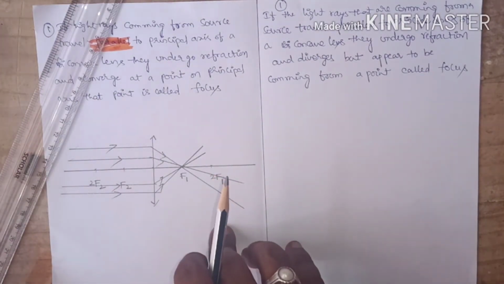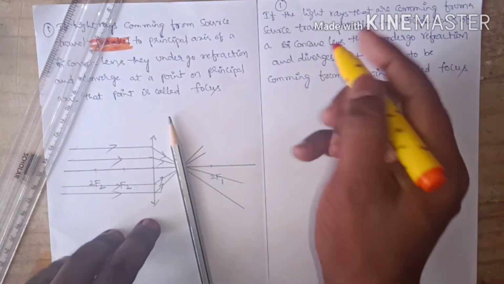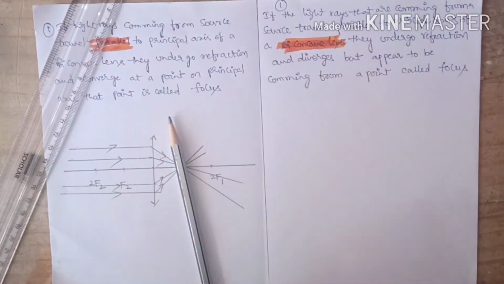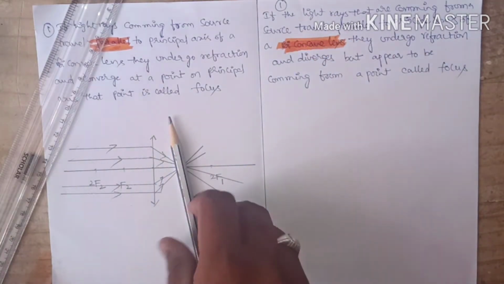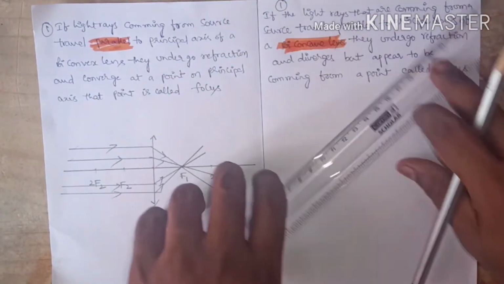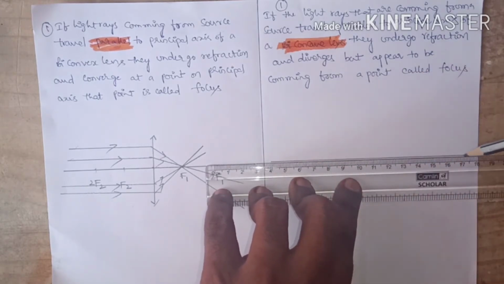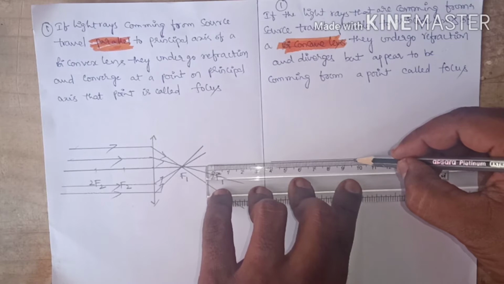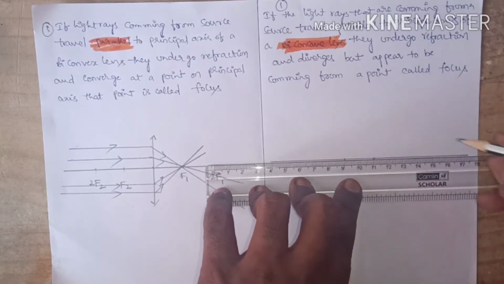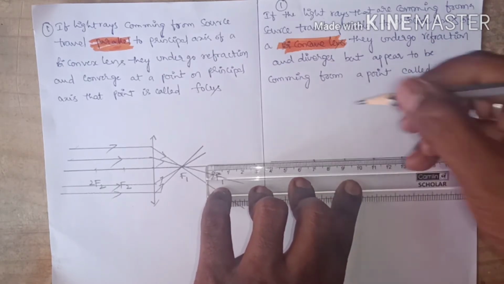Now let us look at the biconcave lens. For that, again we should draw a principal axis. Identify the midpoint. From the midpoint onwards, identify the points which are at equidistance. I am considering 2 centimeters distance.